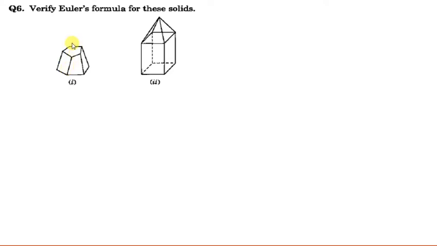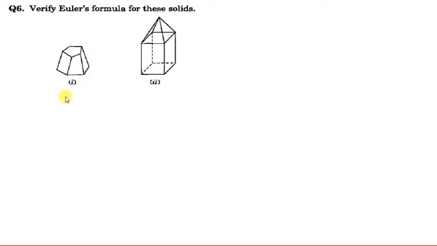Now the number of vertices: there are 5 vertices at the top and 5 at the bottom. So the total number of vertices is 10. The number of edges: 5 edges are at the top, the 5 sides of this pentagon, and 5 at the bottom, and then 5 will be from each vertex.